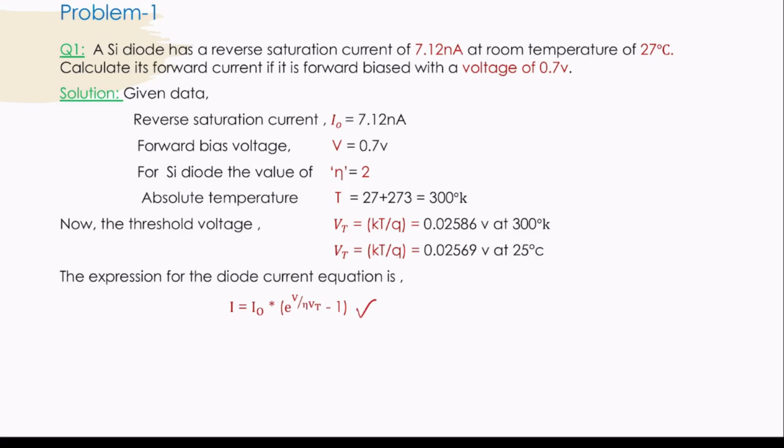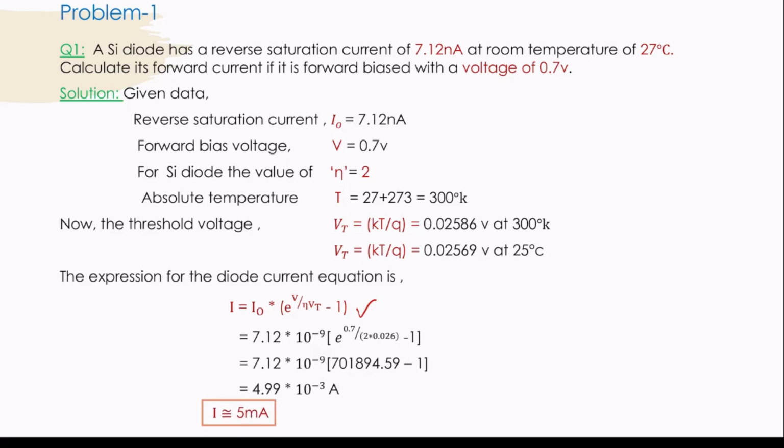Now by substituting the given values, we get I is equal to 7.12 into 10 to the power of minus 9 into e to the power of 0.7 by 2 into 0.026 minus 1, which is equal to 7.12 into 10 to the power of minus 9 into 701894.59 minus 1, which is equal to 4.99 into 10 to the power of minus 3 amperes.